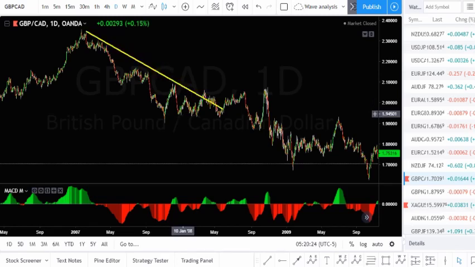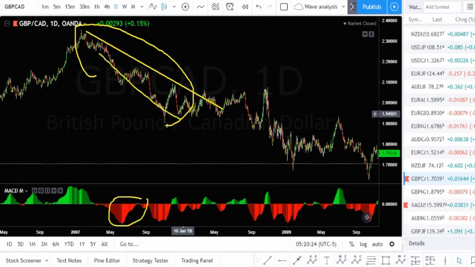I mean, look how sharp this peak is for this impulse move down, and then we had our correction down, and then we formed the ABC. So this would have been our ABC.